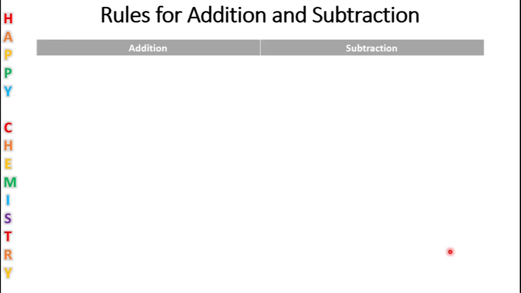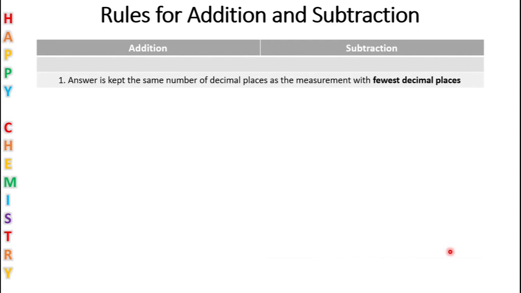Now that we know how to round off, we will now see significant figures in calculations. First, we will look at addition and subtraction. There are two rules. The first rule in addition and subtraction is the answer should be kept the same number of decimal places as the measurement with fewest decimal places.